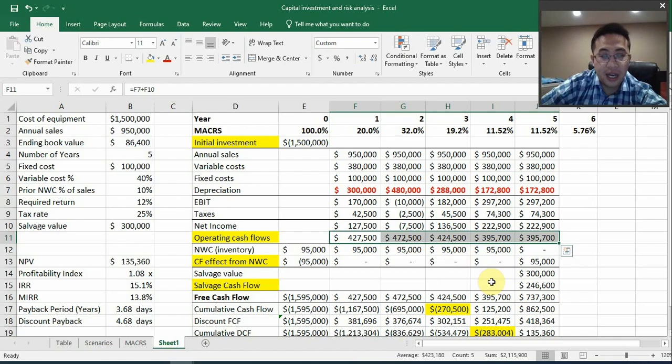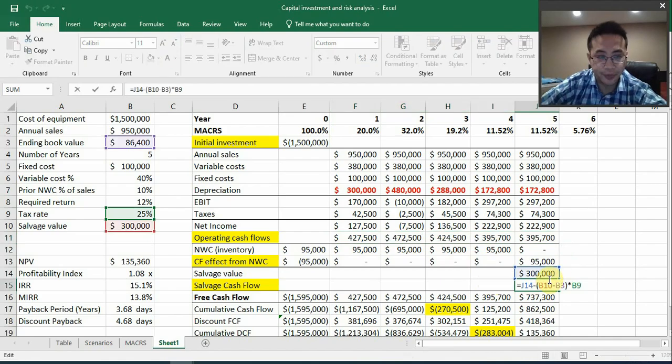The last thing that got changed is your salvage cash flow, because the ending book value is not zero anymore from the first case. According to the IRS, with the MACRS method, you're going to report the ending book value as this number, not zero anymore. Then you make less capital gains when you sell the machine for 300 grand, because you have some book value to deduct from.